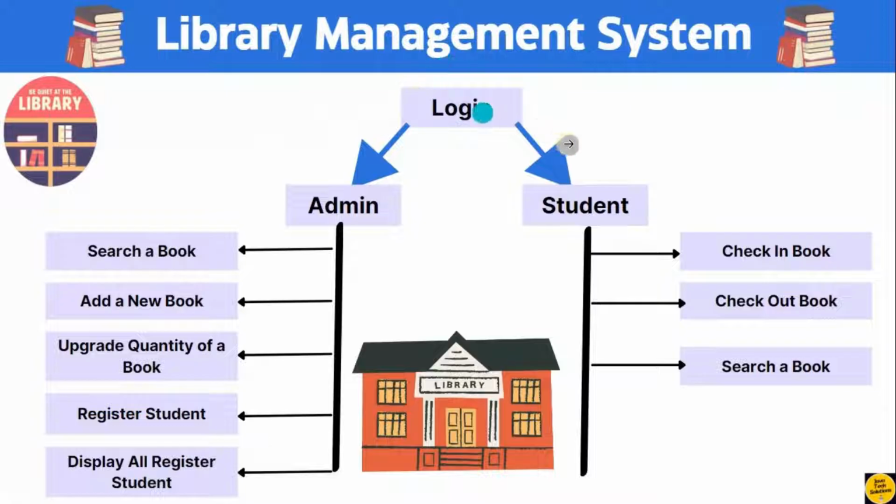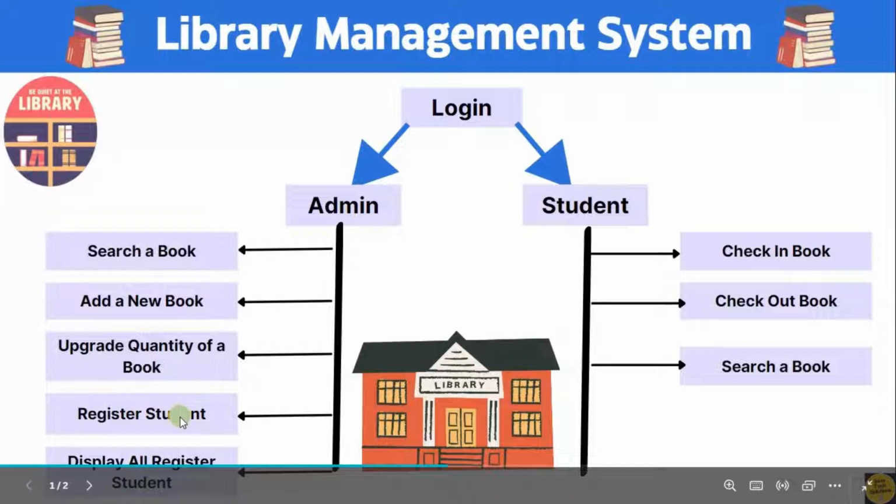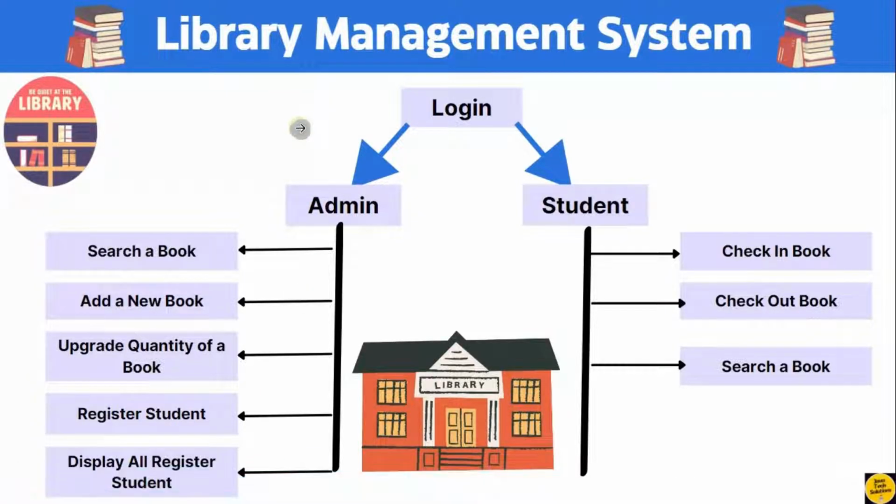So from here we can easily identify what kind of database we basically need. For storing this login information we need one table, let's say the login table. For storing the book details, we need another table, let's say book. For student, we need another table called student. And a student can check out and check in a book, so for maintaining this kind of history we need another table, right?